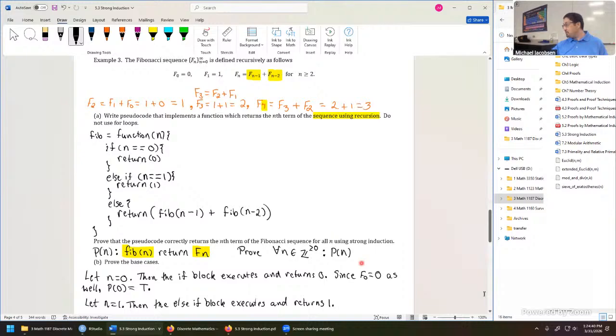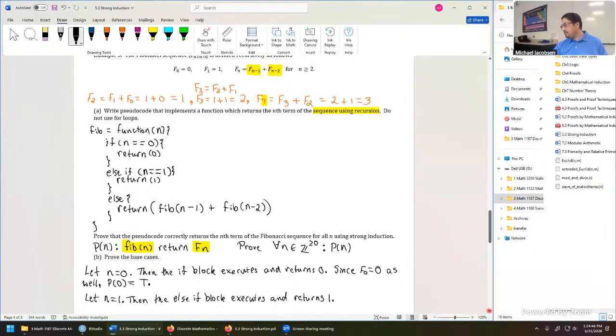So we can say here once again, since, let me see if I can scroll just a touch here. Since f at 1 equals 1 as well, p at 1 comes out to true. So we have true on both of these base cases. We've double checked.